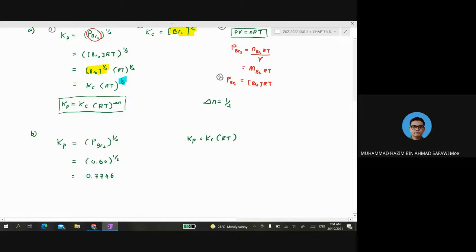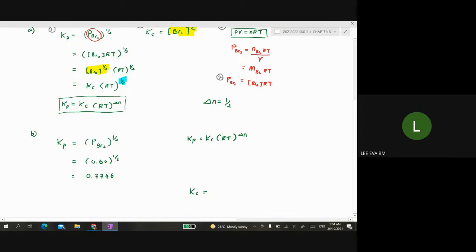So if the temperature is not mentioned, it will use room temperature. Tapi bukan room temperature Malaysia, ya? No lah, the standard one lah, 25. Oh, alright. So kira kan, bagi madam jawapan Kc.